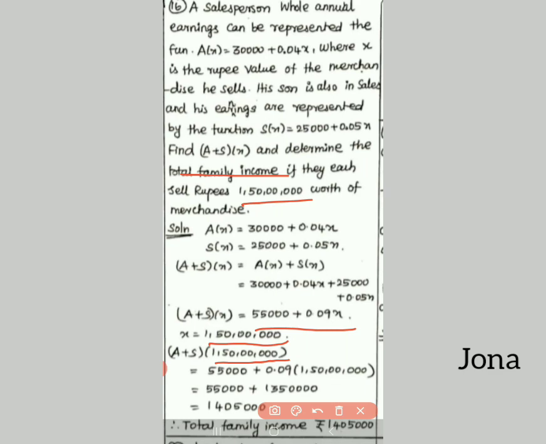Instead of 55,000 plus 0.09 into x, I substitute 1 crore 50 lakhs. If you multiply both, I get this much. Then adding, I got the answer as 1 crore 14 lakhs 5,000. That is the family income.